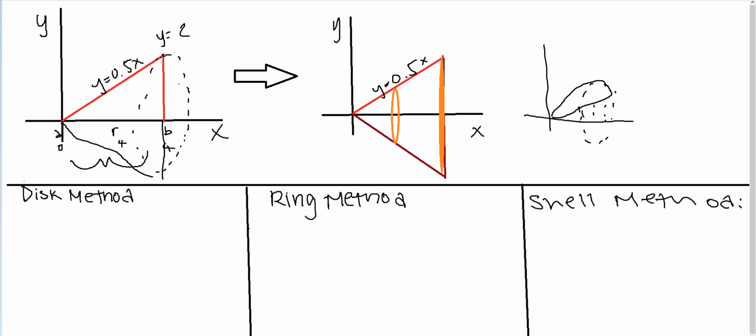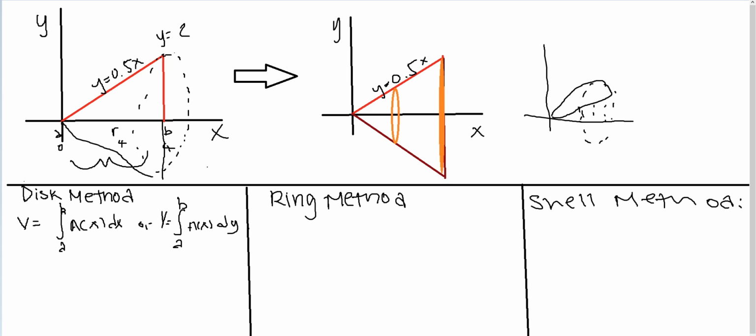Okay. So now let's get into some equations. So the disk method is given by V equals the integral from a to b of A(x) dx. And this is also for V equals the integral from a to b of A(y) dy, because you can either rotate along the x-axis or the y-axis. Okay.